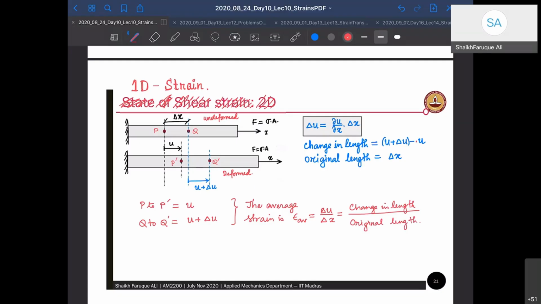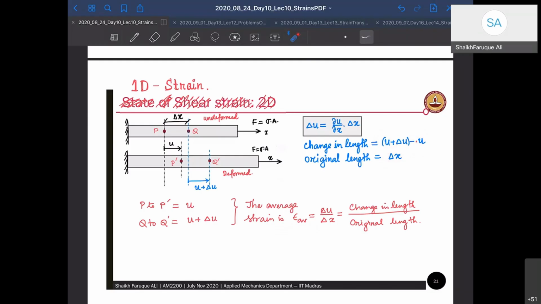That's the definition of strain we learned in the last class. So this is my average strain in 1D. All right, is that clear? Any question on this? So change in length is given by this one. This is change in length, and this is my original length. So if you divide that, you get your average strain.